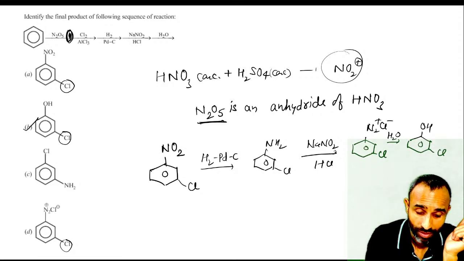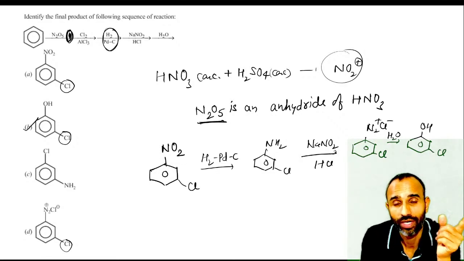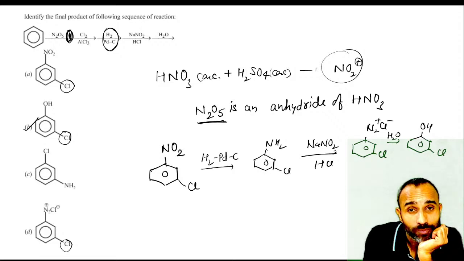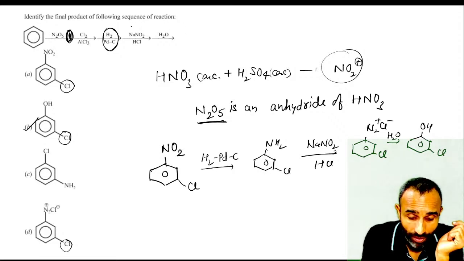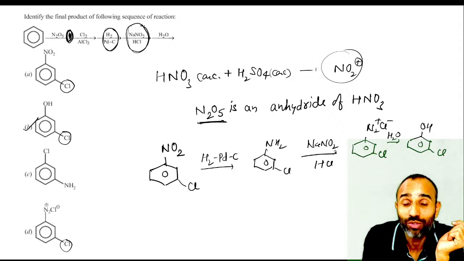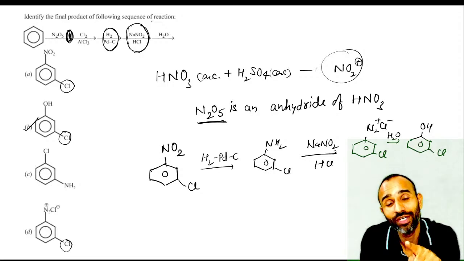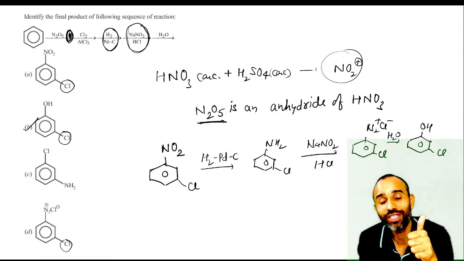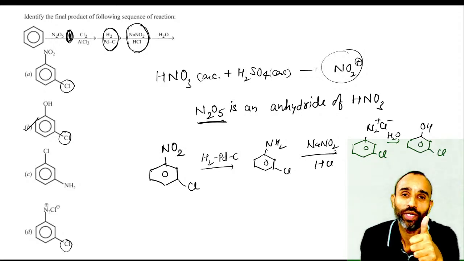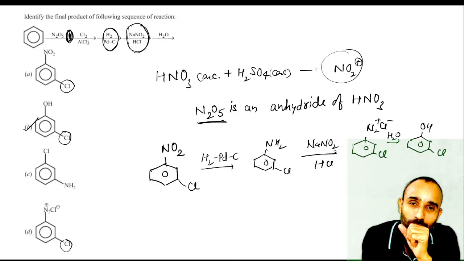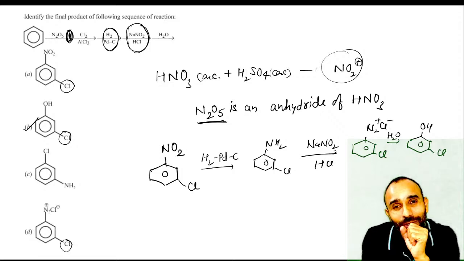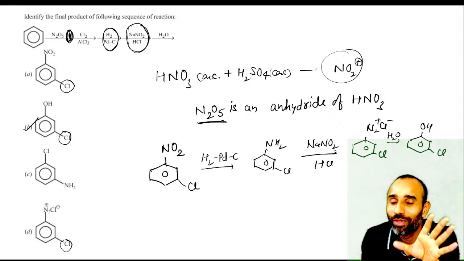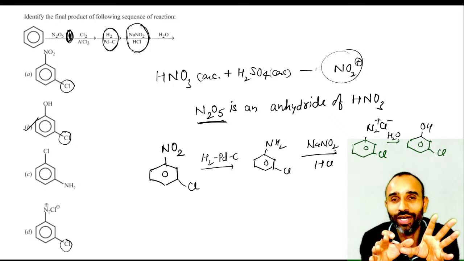H2/Pd means reduction of that group takes place, and NaNO2/HCl means that group should be NH2. H2/Pd converts NO2 into NH2, so it should be NO2. It is simply a guess.